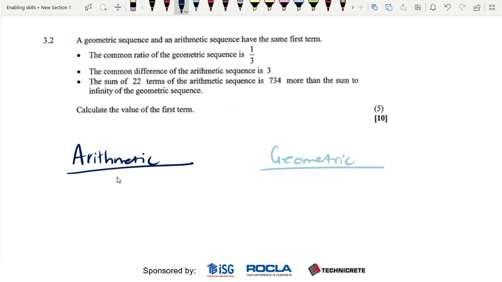We're told that they have the same first term. So we know that T1 is equal to a, and for the geometric sequence, T1 is also equal to a.